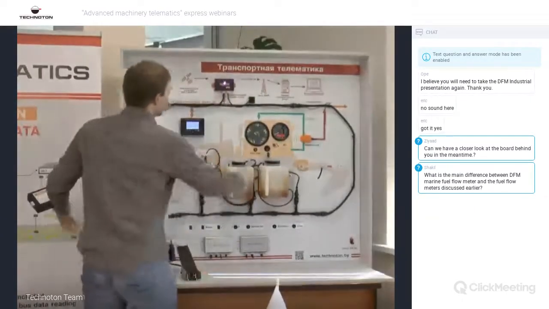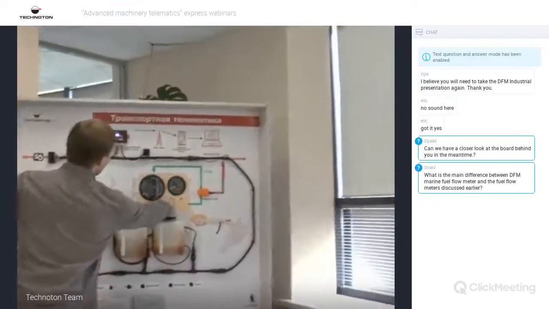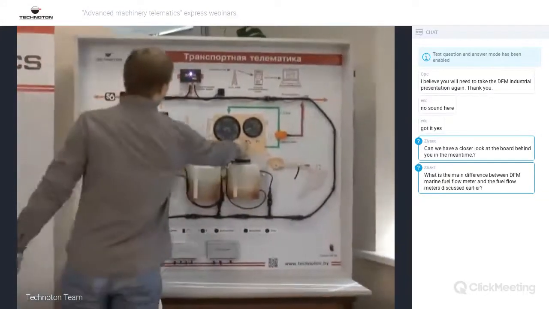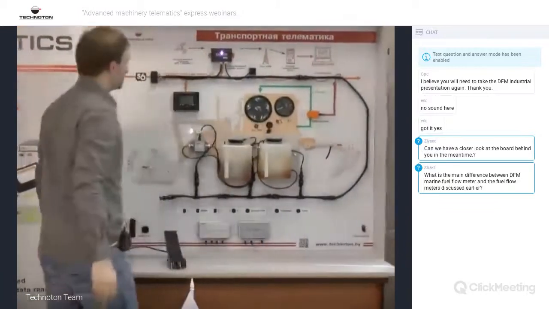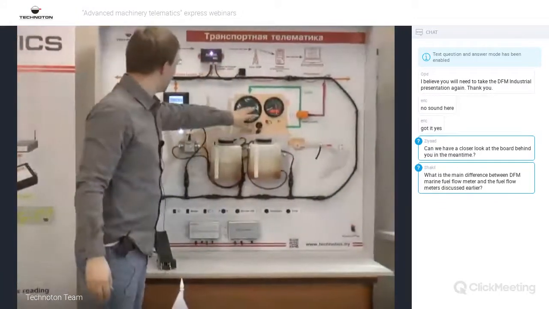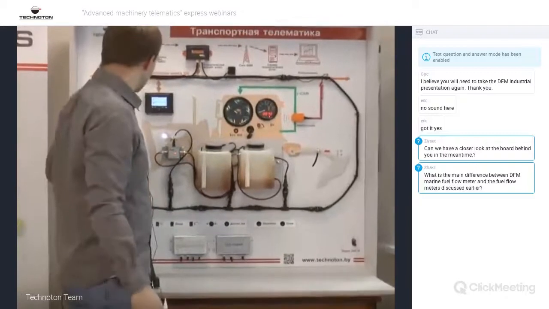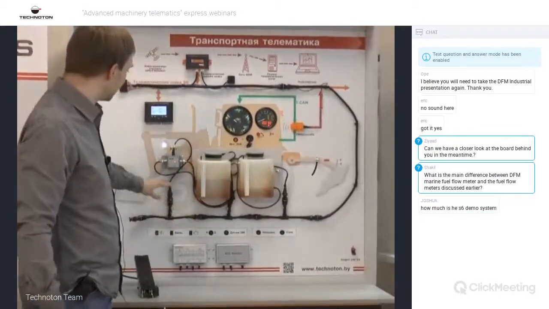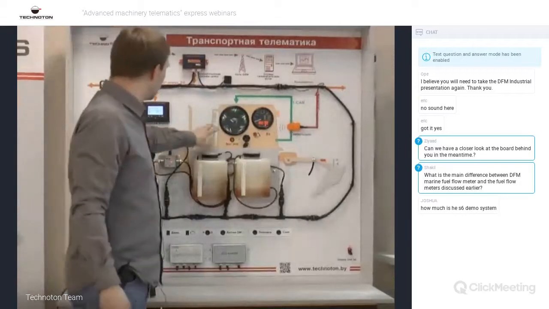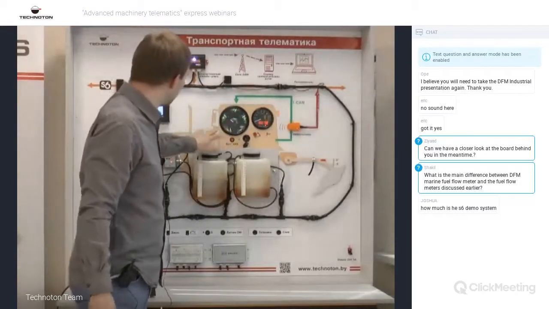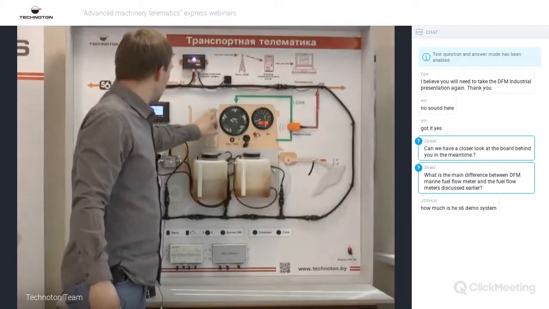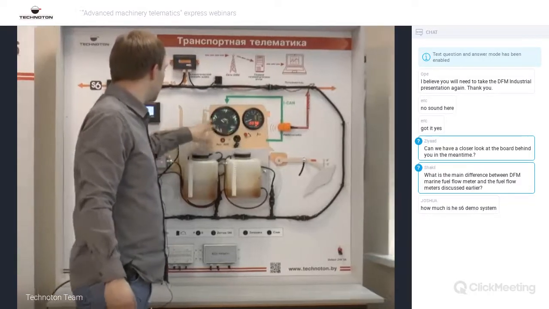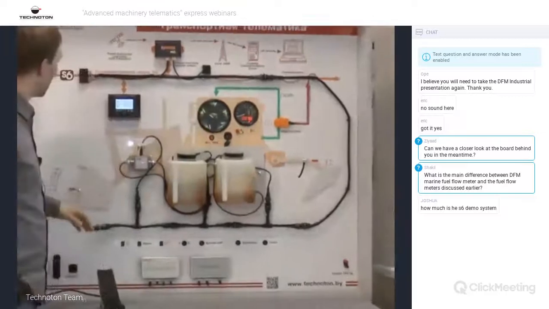As you can see, we can switch it off and switch it on, play around with it. On the dashboard, there's also an imitator of the CAN bus, of the different values that we can see here on the dashboard: voltage, onboard power, pressure, different parameters.